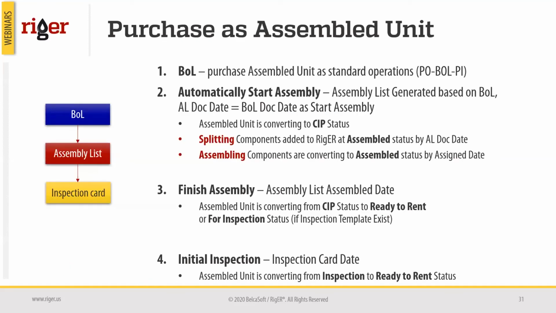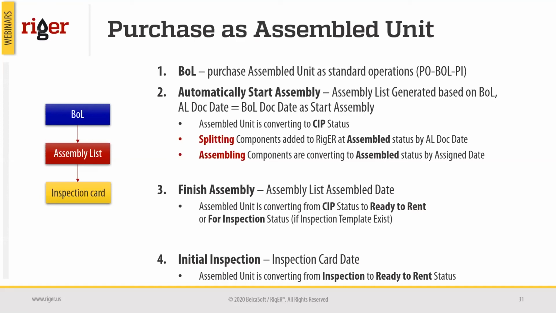Another way we can purchase is to purchase already assembled units. And in some cases, the company will require tracking all the components separately. Say, for example, you purchased a generator and you'd like to split it into different components. What we do in this case, we purchase the assembly unit as a normal process.